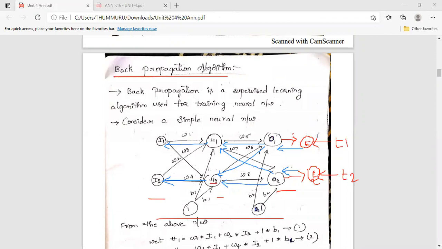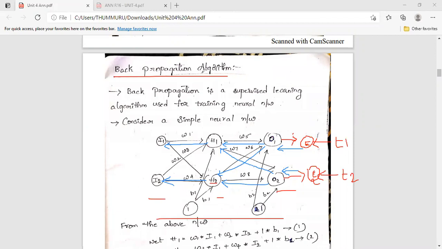So whenever we need to solve different kinds of classification problems, we need one algorithm. The best and most popular algorithm to support that multi-layer perceptron is the backpropagation algorithm.